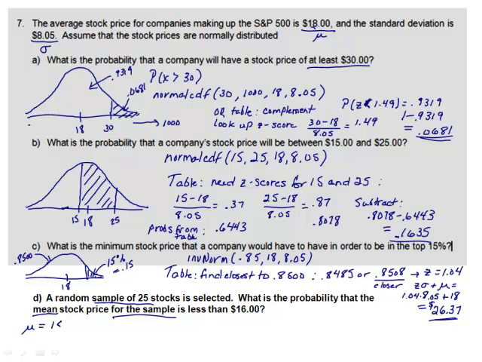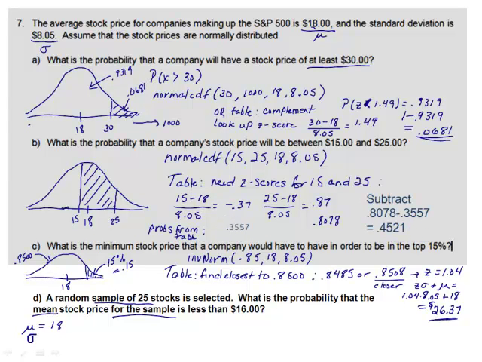That means that we have to think about those sampling distributions and think about what the mean and standard deviation are for the sampling distribution for sample means. And if you remember, the mean is going to be the same as what we already had, so the mean will be 18. What's different is going to be the standard deviation.